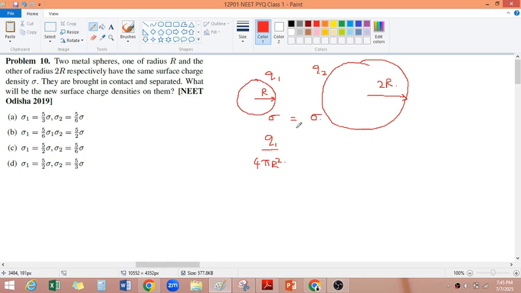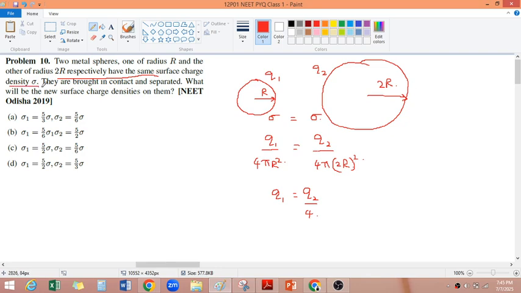The surface area is 4 pi r square. q2 divided by 4 pi 2r the whole square. So get rid of all the unwanted things. 4 pi r square will cancel, 2 square will be 4. So I will get q1 is equal to q2 by 4. That is from this one sentence, have the same surface charge density.